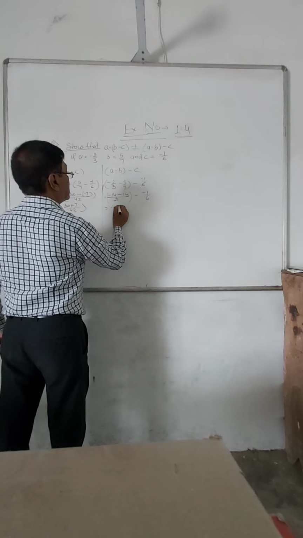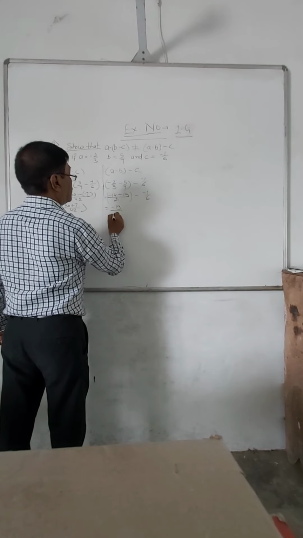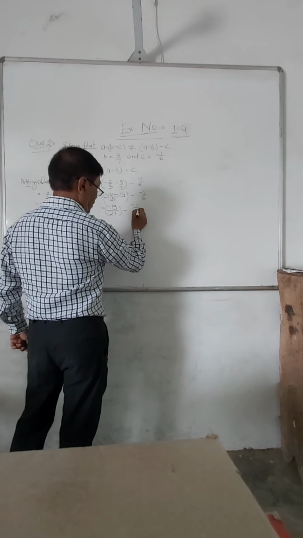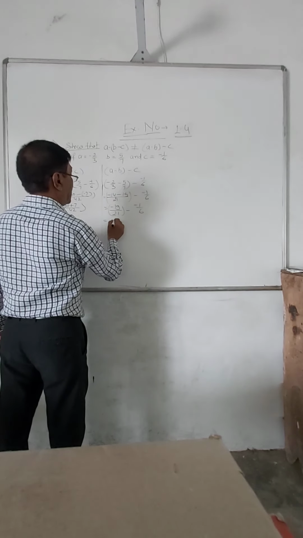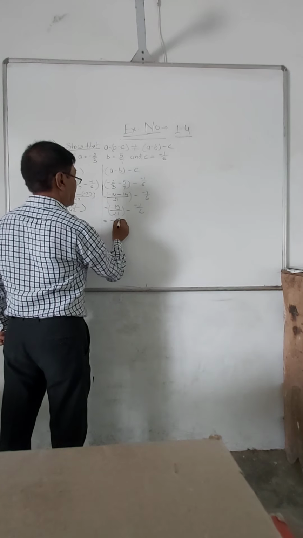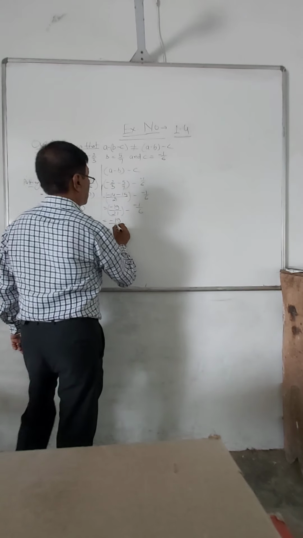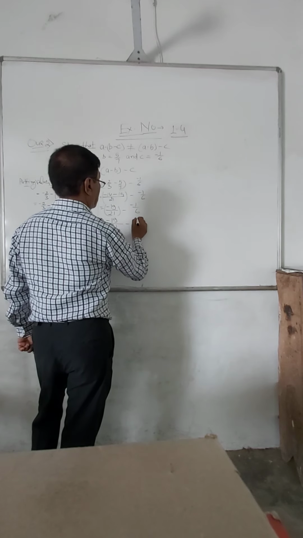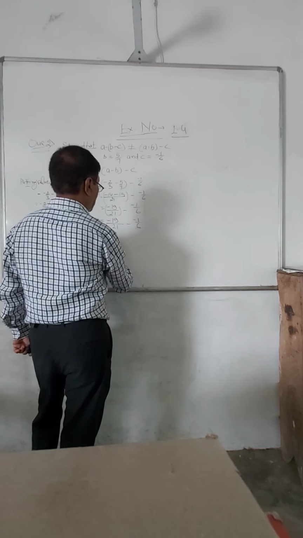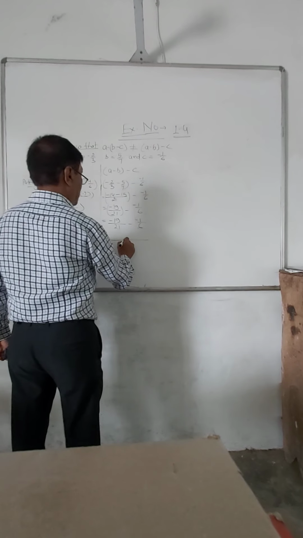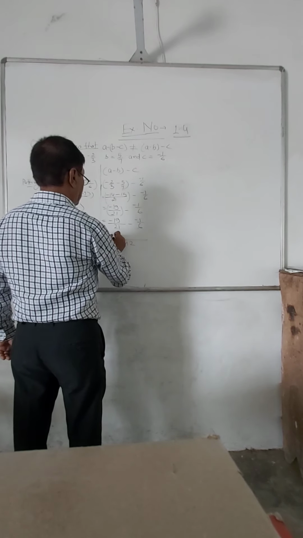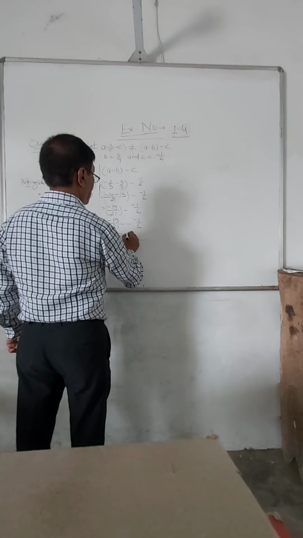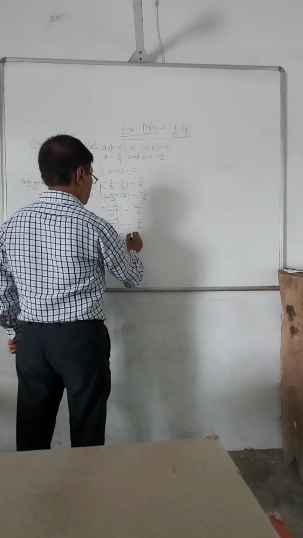Again minus 90 upon 21 minus 1 by 6. So minus 90 upon 21 minus 1 by 6. Take the LCM, 42 minus 38, minus, it will become positive 7.